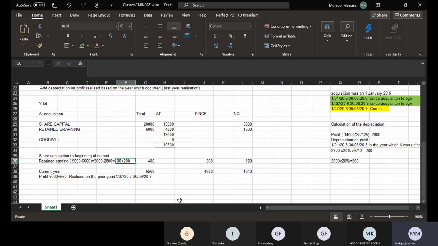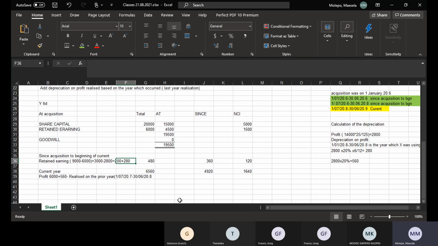Then you add the current year profit from our SPL, the one going to the owners' equity of the parent, which is 16,920. Then we arrive at the 35,280. So that 35,280 from the retained earnings on the SCE, we transfer it to our retained earnings on our balance sheet.